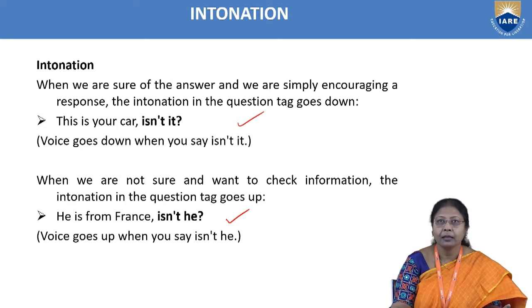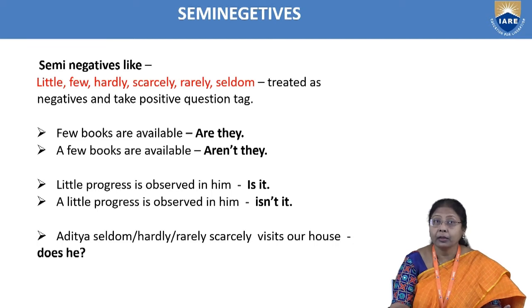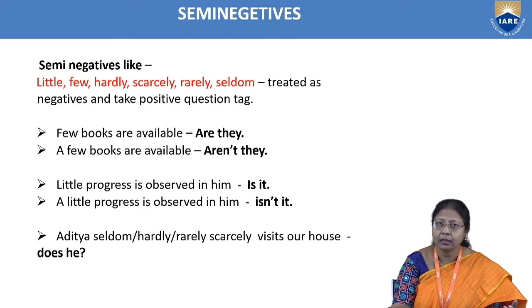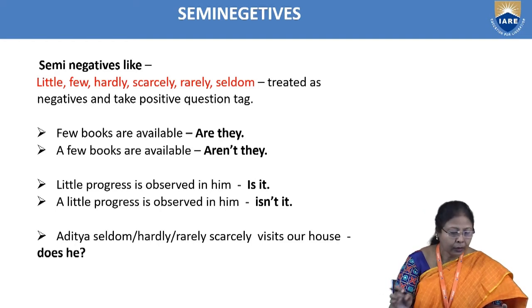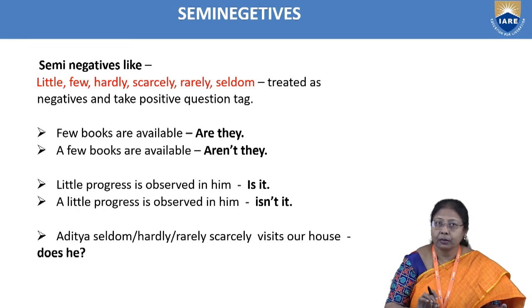Clear? And then semi-negatives also we have. A few semi-negatives we briefly discussed in a previous slide. Here I say little, few, hardly, scarcely, rarely, seldom. These are what we call semi-negatives. Though they are semi-negatives, they are not completely negatives.